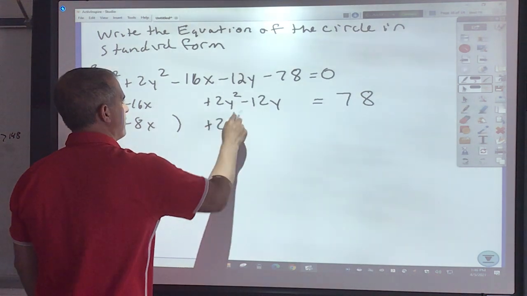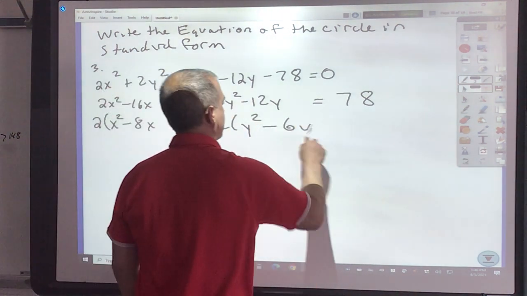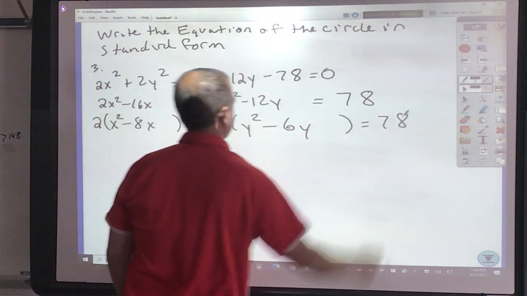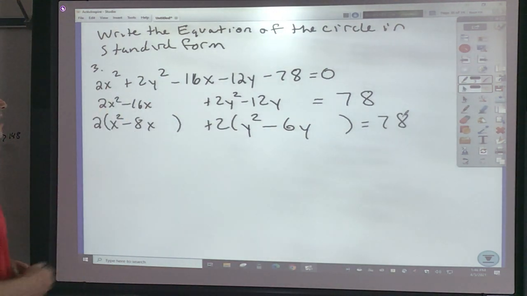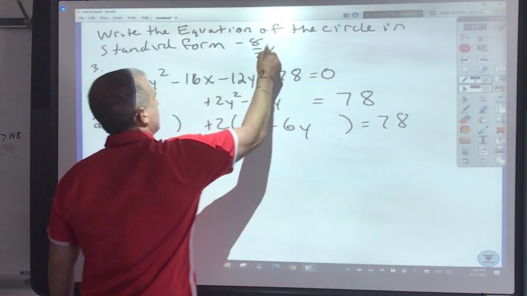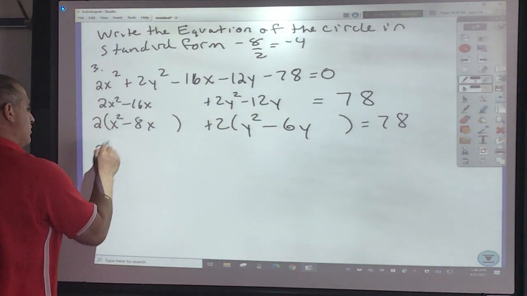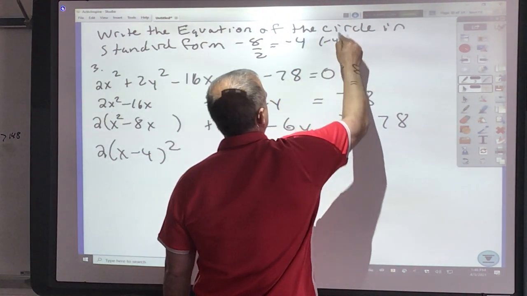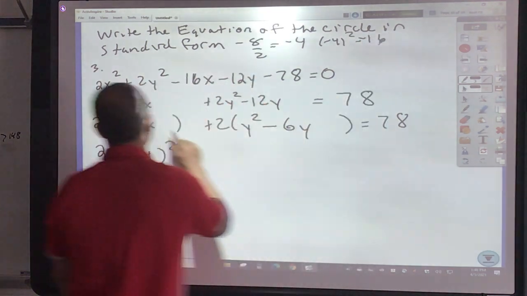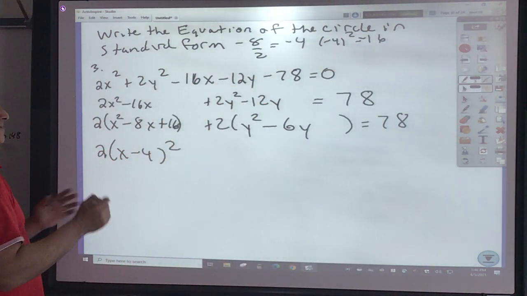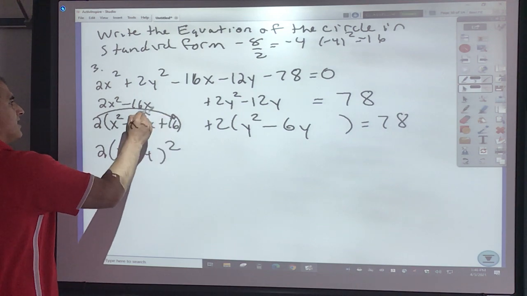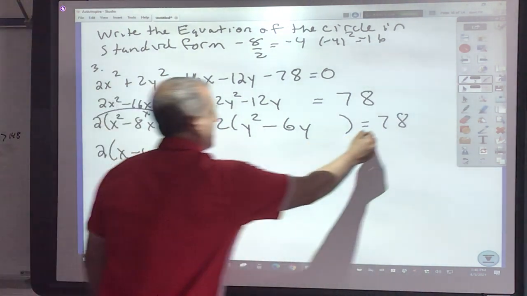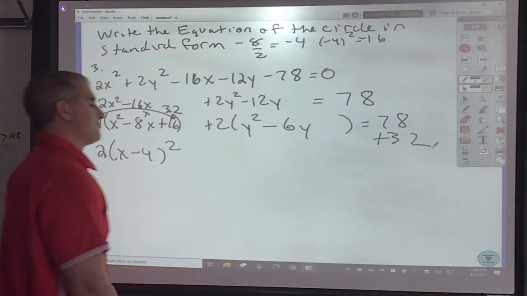Let's take this 2 out, this would be y squared minus 6y. So I want to take that negative 8, divide by 2, I get negative 4. So that's going to be 2 times x minus 4 squared. I want to take that negative 4 and square it. That result will always be positive, so positive 16. Now you got to be careful. 2 times 16 would give me 32. That is what I put over here to this side.